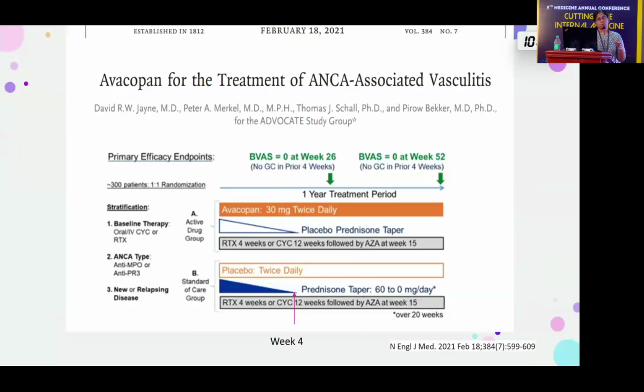The difference was that in the intervention arm, avacopan 30 milligram twice daily was continued over a period of 1 year, along with a rapid taper of glucocorticoids. The glucocorticoids were essentially stopped by 4 weeks, that is a month. Whereas in the placebo arm, you did not have avacopan, but the rest of the drugs remained the same.